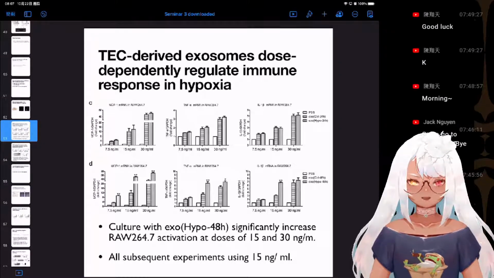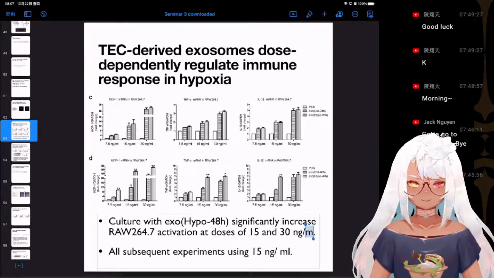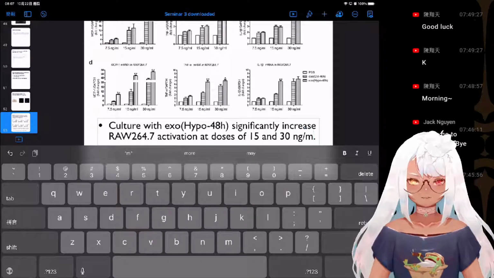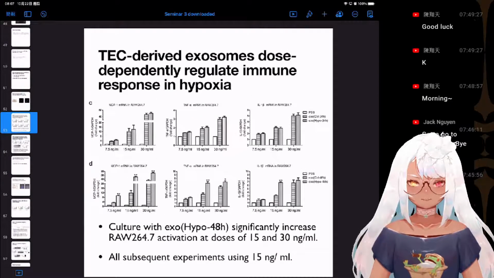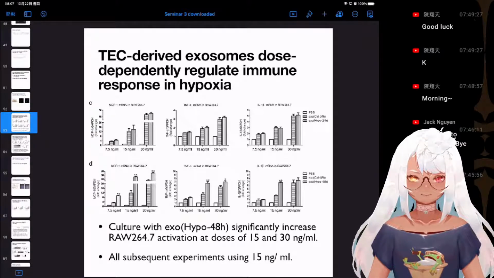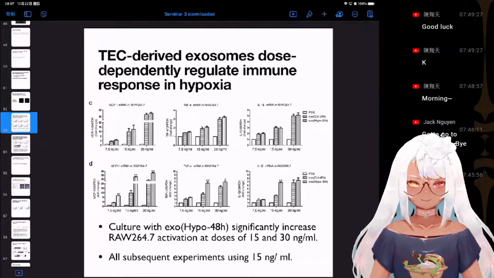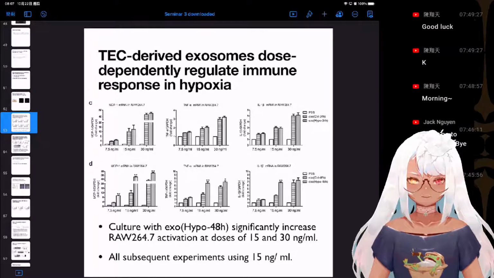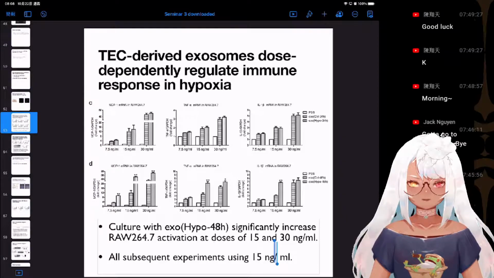Here we can see that at the dose of 15 and 30 nanogram per milliliter, the inflammatory molecules are significantly increased. So the author decided that all subsequent experiments will be performed using 15 nanogram per milliliter of exosome.